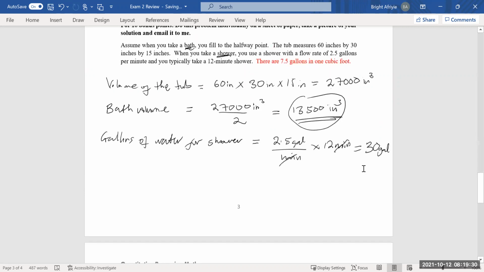But we are already given that 7.5 gallons is 1 cubic foot. So we're going to change that into gallons. So we have 13,500 cubic inches. We will divide by 1 and multiply by... Now, there's no direct relationship between inches and gallons. We have to go through feet, right?